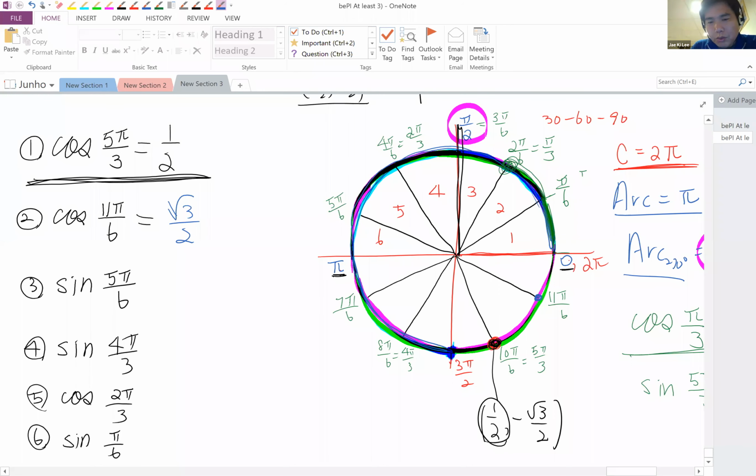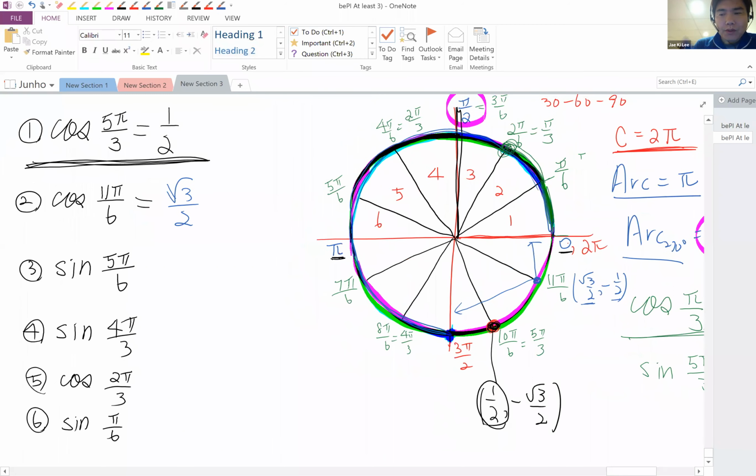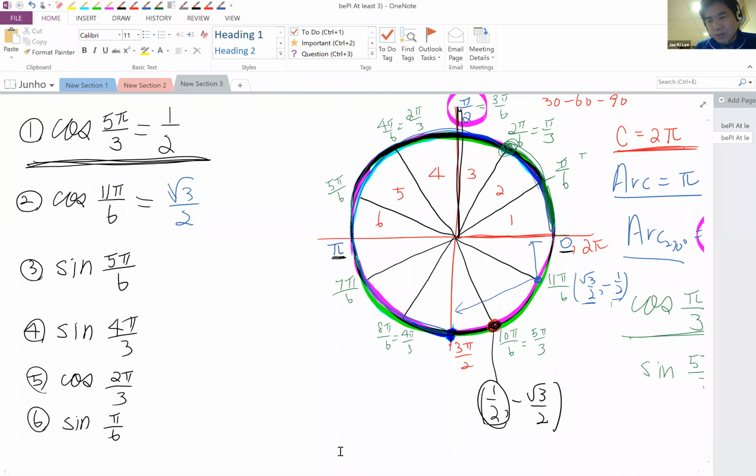This ordered pair becomes root 3 over 2 comma negative 1 over 2. That's one way. Or you can also analyze that this one is close to the x-axis compared to the y-axis, which means x has root 3 over 2 and y has 1 over 2. Okay. So far so good, everyone?